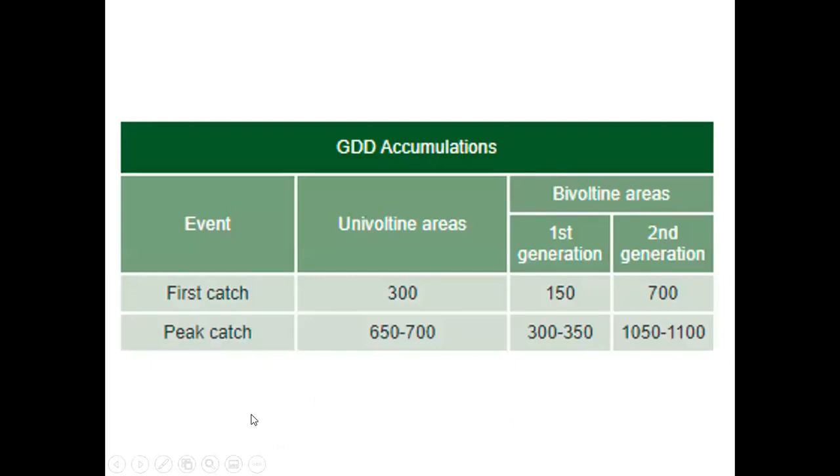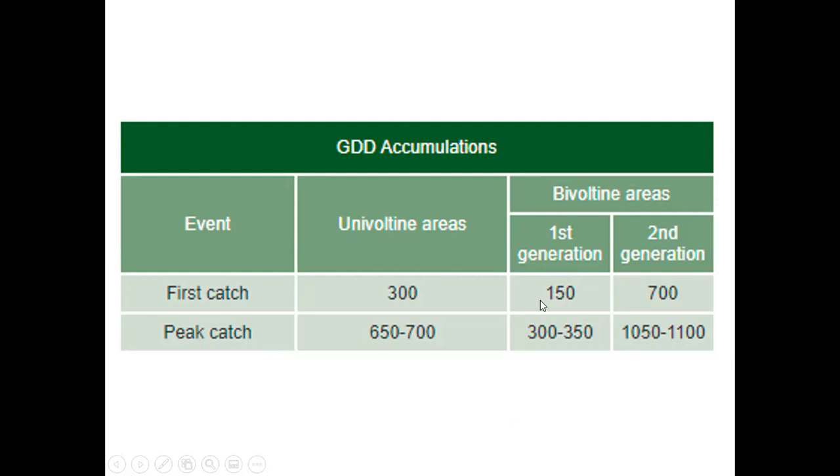So when I talk about comparing to benchmarks, we have the growing degree day accumulations for our flights. So that first emergence, the first catch of moths in the univoltine areas happens at 300 growing degree days. Whereas in the bivoltine areas, it happens that much sooner.